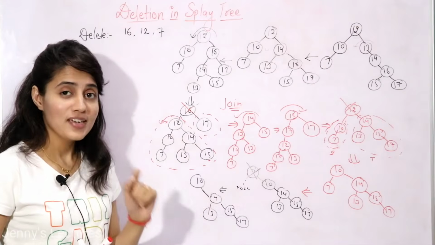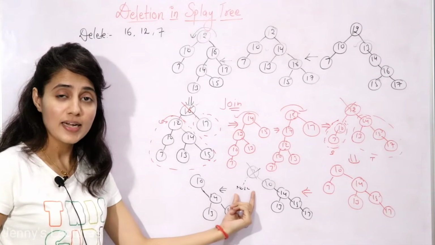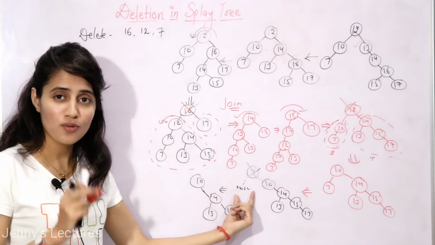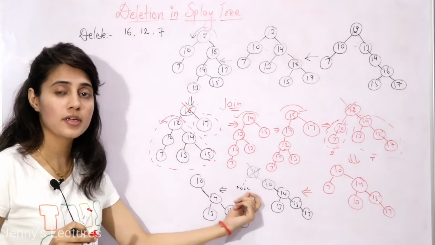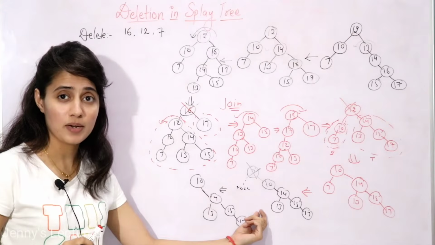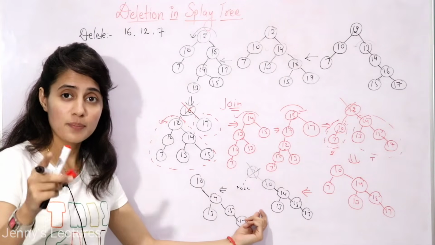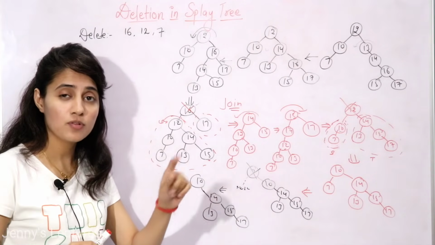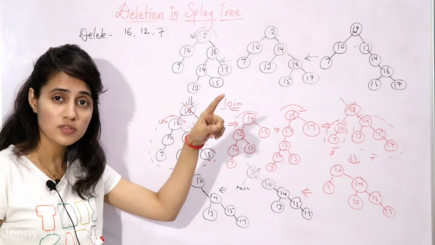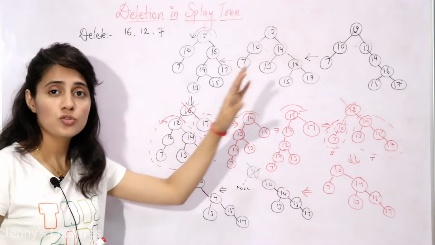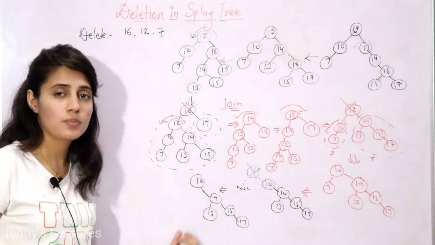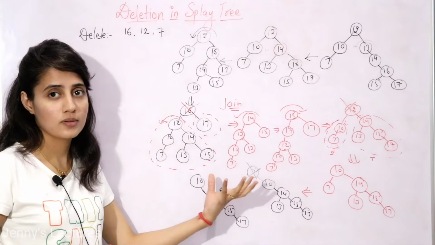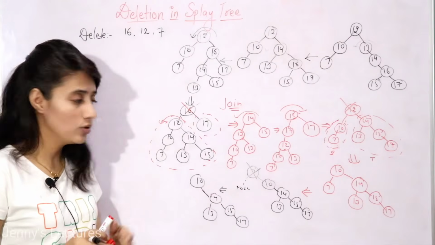No. If the left subtree is present, in that case you must find out the maximum from that left subtree and splay that left subtree for that maximum element, right? After splaying, the maximum element from the left subtree would become the root of the left subtree, right? And if there is no right subtree, then obviously the root of left subtree now becomes the root of the tree, right? This thing you need to take care.